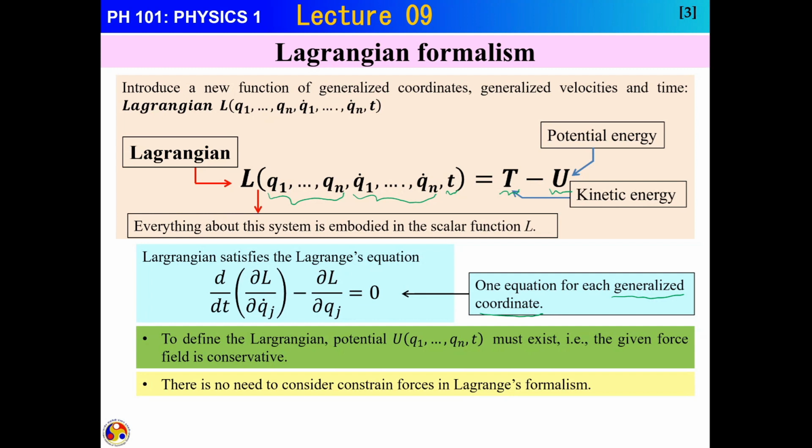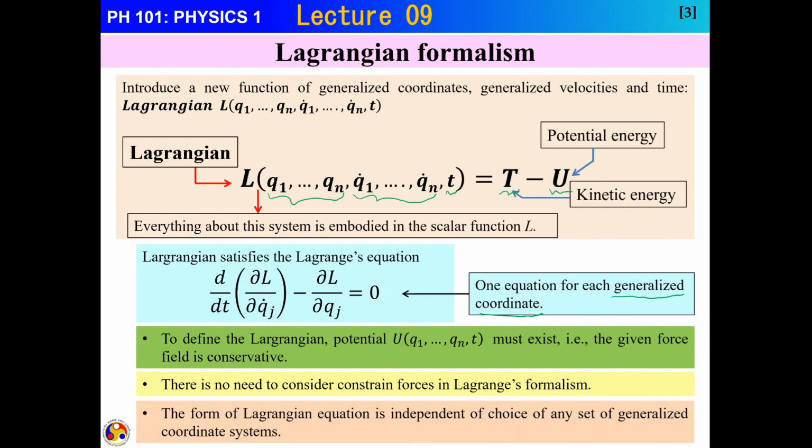We will discuss more about this in the next few lectures. Just be patient. And the form of Lagrange equation is independent of the choice of any set of generalized coordinates for a system that you consider. So this is what we discussed in Lagrangian formalism.